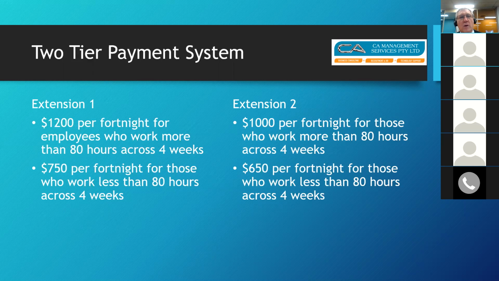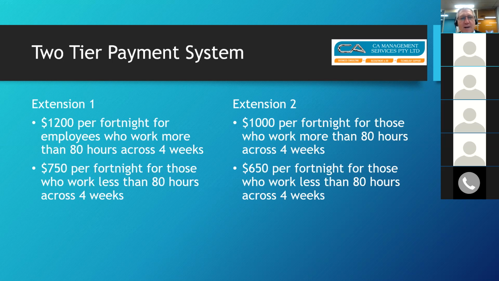Great, thank you. All right, so having a look at the extensions, for the first one, you've got to work out who are your part-time employees and who are your full-time employees. Essentially the rule is if someone's worked for more than 80 hours across 4 weeks, they are qualified as being in the full-time category.